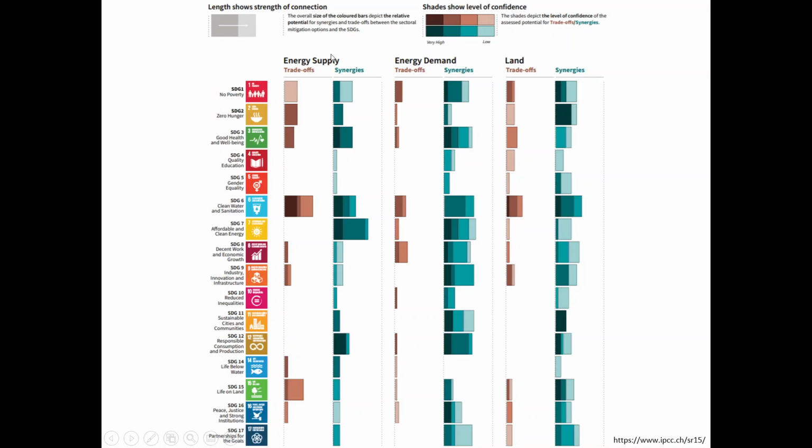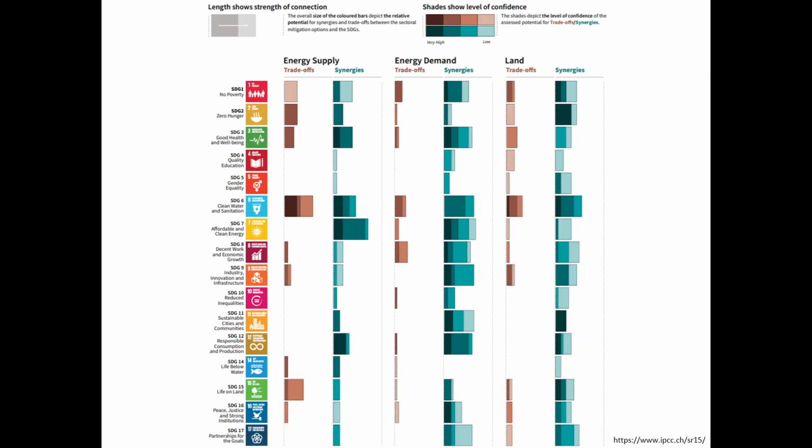So, for example, energy supply. This is the sustainable development goal for energy. It has a lot of synergies. It has no trade-offs. Why? Because you're looking at the energy supply. You don't need to have any trade-off in order to provide the energy supply.